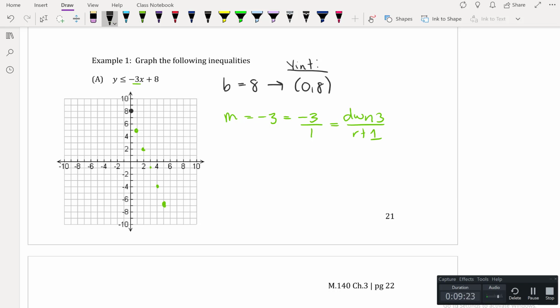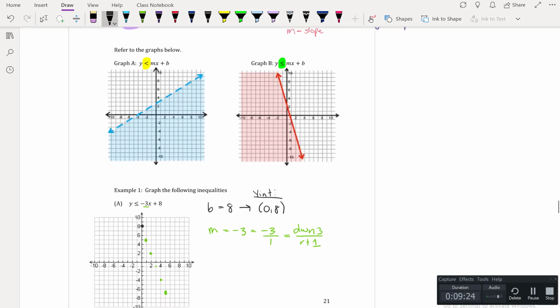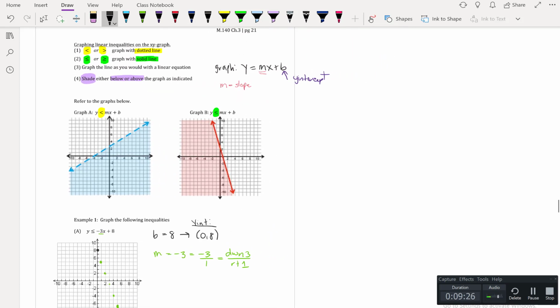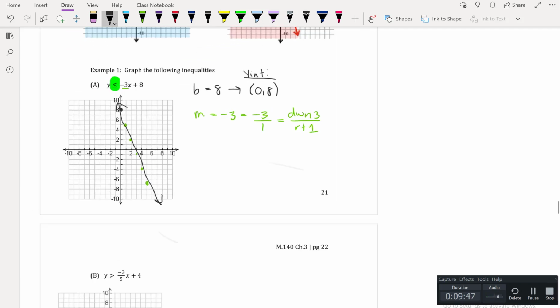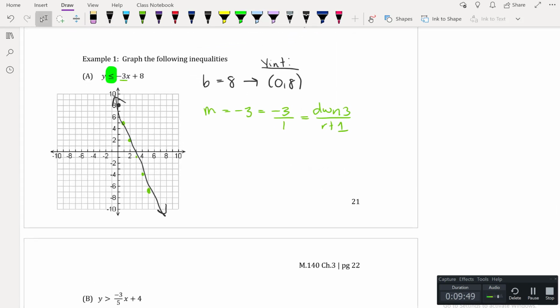That's how I'm going to get my slope. And remember here, my graph, let me zoom out a little bit, it all depends on the inequality. The inequality is here, which tells me that I'm going to have a solid line. So I'm almost done. Now what I can't forget is where to shade.